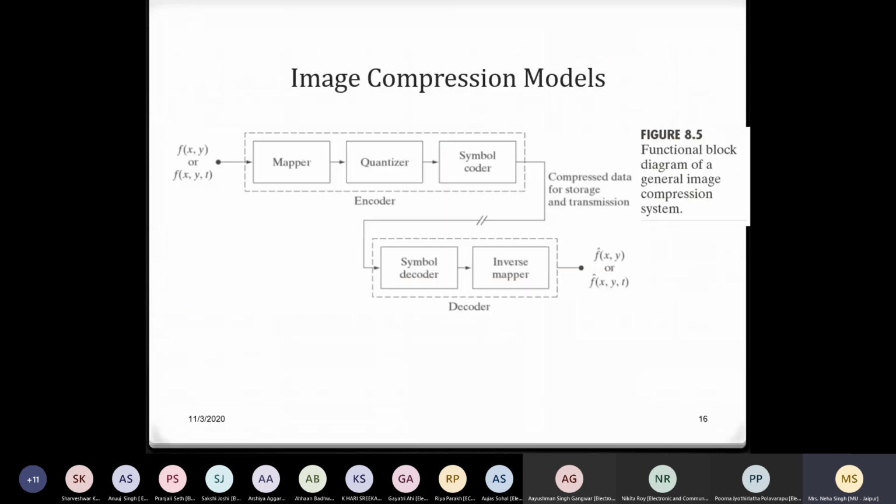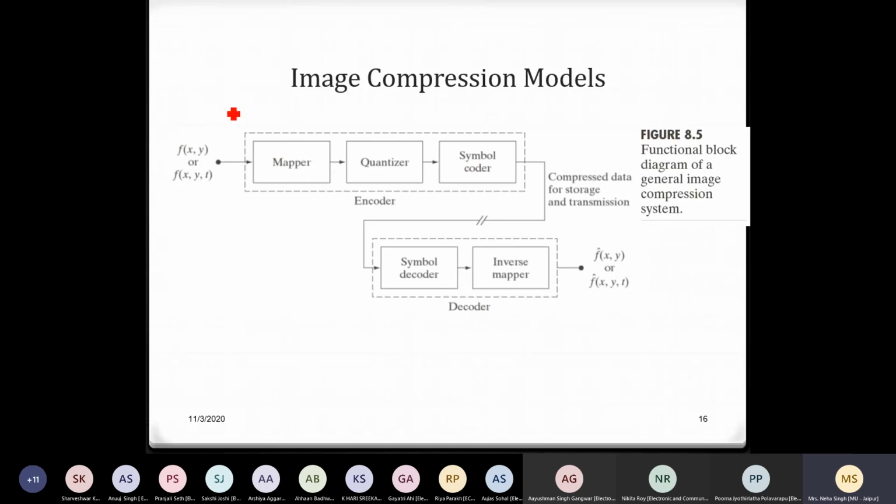So now we look into the different methods which are required to achieve or reduce at least one of these kinds of redundancies. So the general way of representing a compression and decompression system is something like this, which says I should have a mapper.